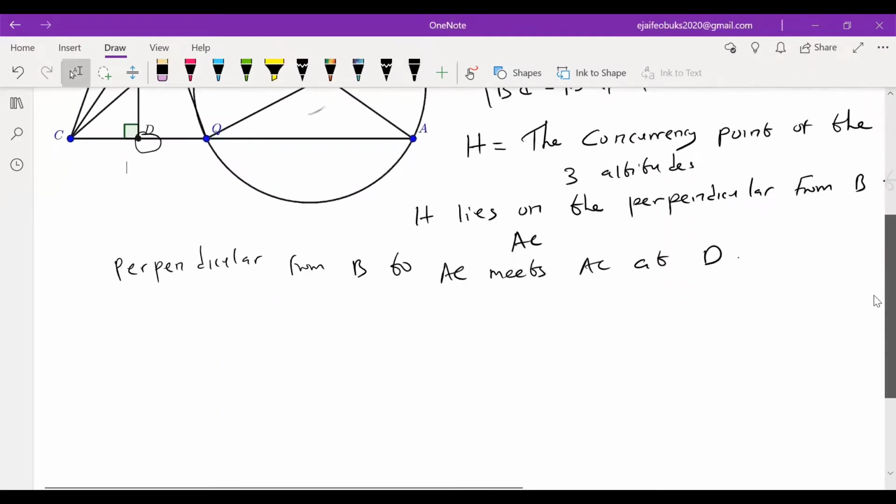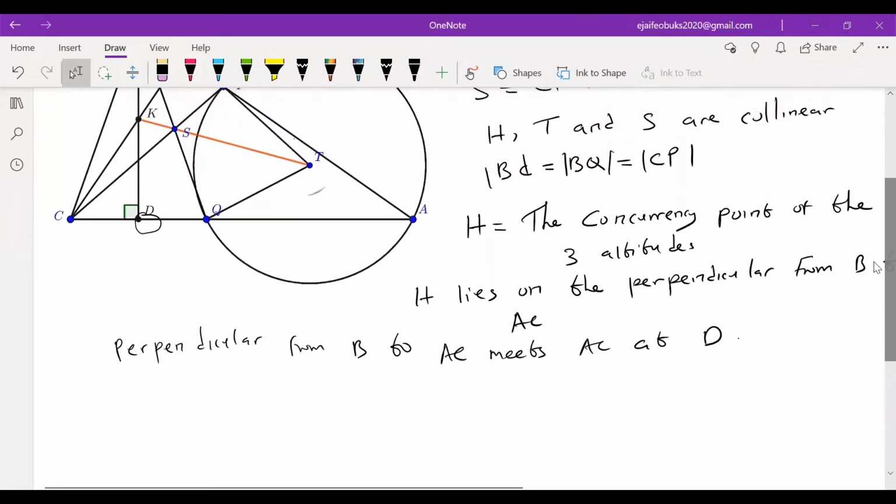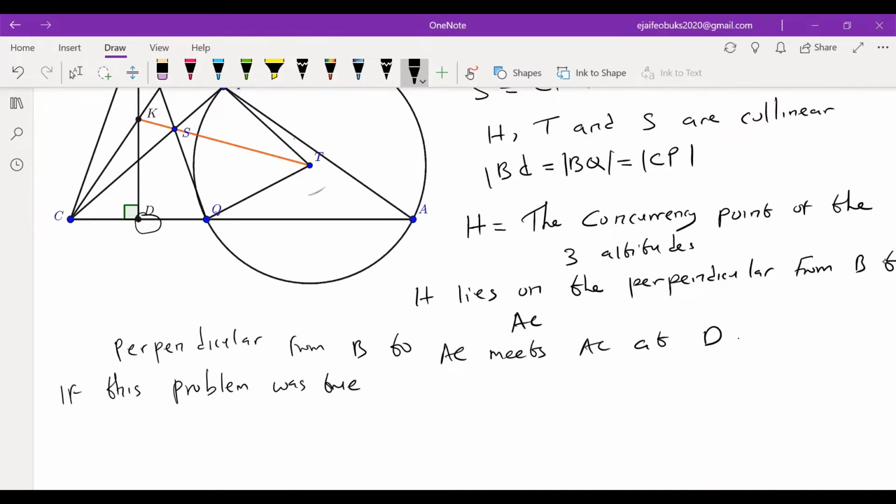Okay, so assuming this problem was true, it follows that the intersection of TS with this perpendicular BD must be equal to H, because two lines can intersect at most at one point, and if H, S and T were actually collinear, then TS has to meet the perpendicular at that point H. So we'll use a phantom point.